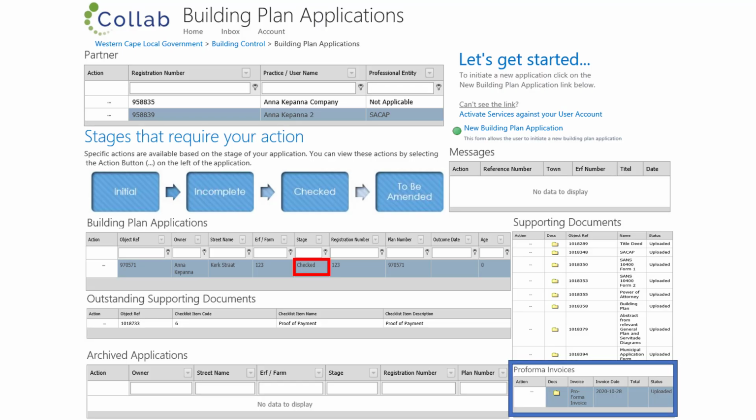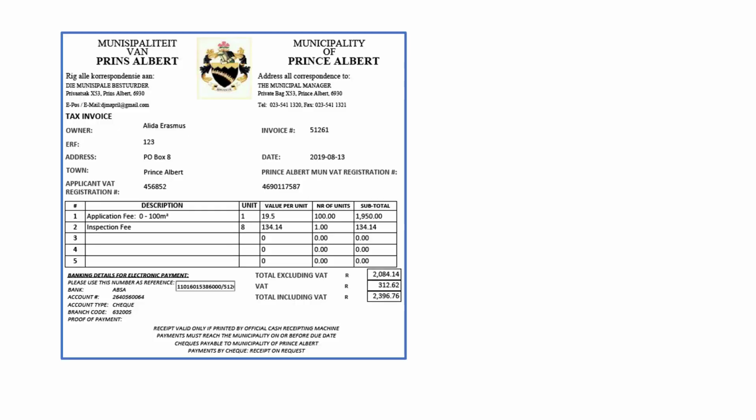You will also find a new supporting document called Proof of Payment listed under the Outstanding Supporting Documents web part. To open the Pro Forma invoice on the portal, click on the Action button of the Pro Forma invoice to open the Action window. Now, click on Open Attachment. Your Pro Forma invoice will open up.